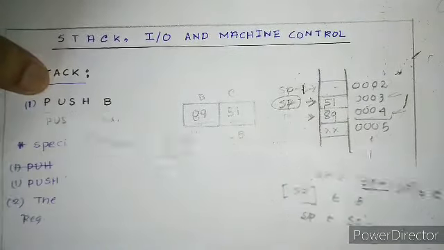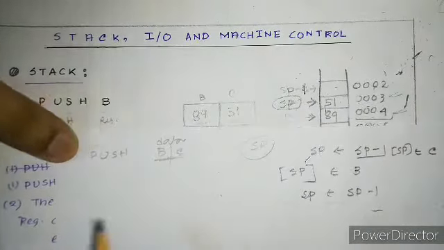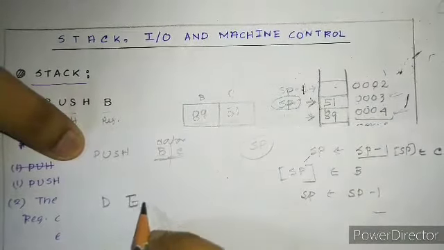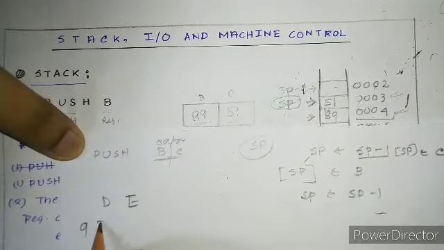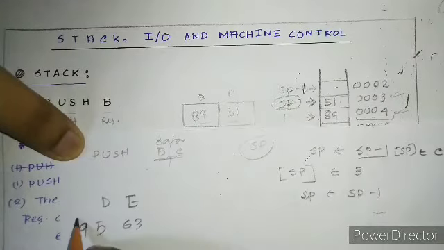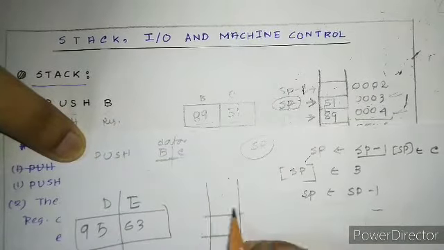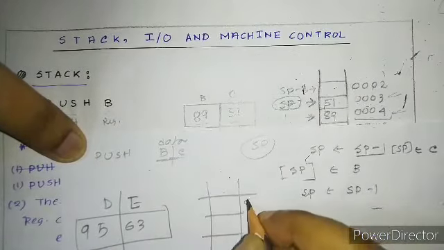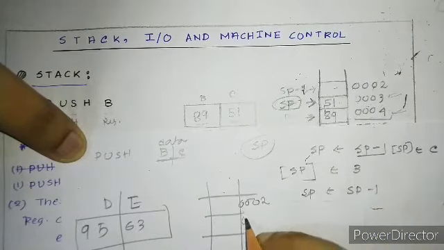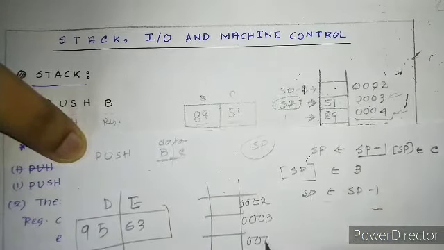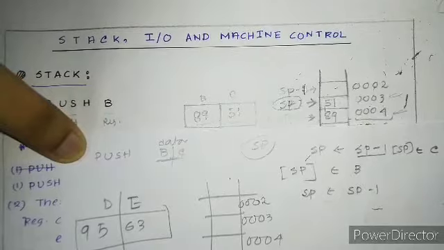Okay, just have a quick review. Suppose DE holds 9563. These addresses are 0002, 0003, 0004, 0005.